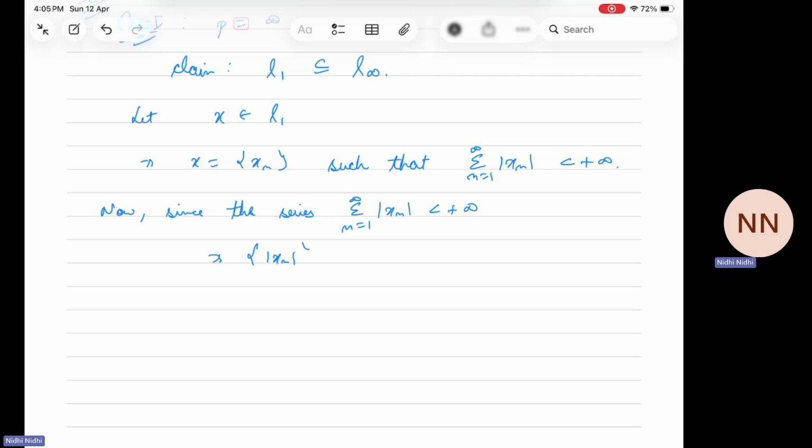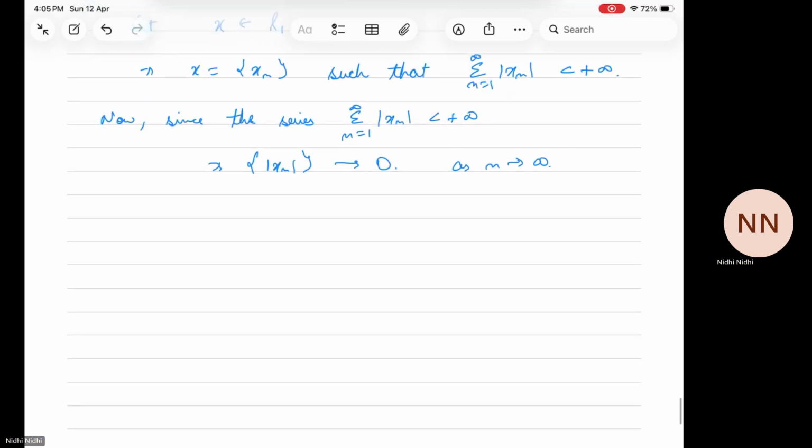Mod xn converges to 0 as n tends to infinity. And for convergent sequences, we know that a convergent sequence is always bounded. That means the sequence mod xn is bounded.